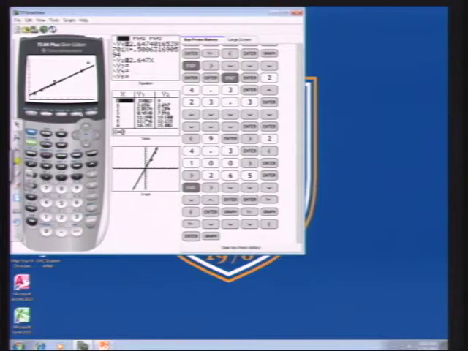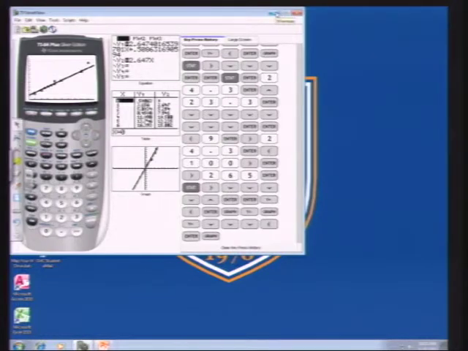So when I'm looking at the model there, it really didn't make a whole lot of difference which one I used. In a model, you're trying to come up with something that is as best a fit as you can get, that makes sense for your data, and you want to use it to make predictions.